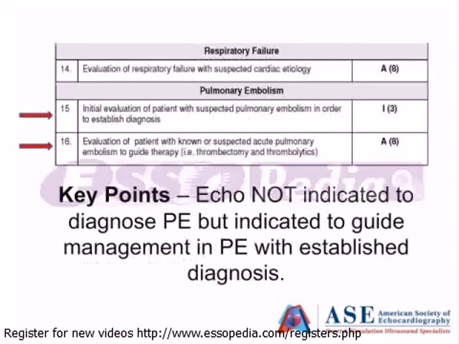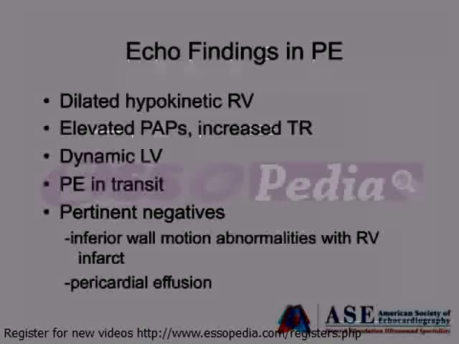And looking at the appropriateness criteria of echo, as this is important in the intensive care unit, the key points are that echo is not indicated to diagnose pulmonary embolism, but it is indicated to guide management in patients with pulmonary embolism once they have established the diagnosis. The echo findings in pulmonary embolus are dilated hypokinetic right ventricle, elevated PA pressures, increased tricuspid regurgitation.